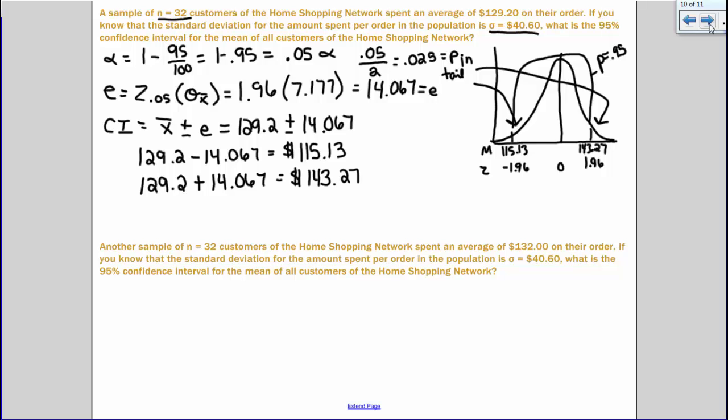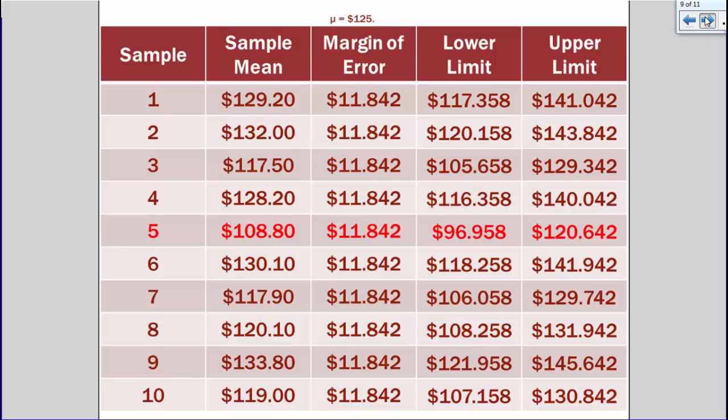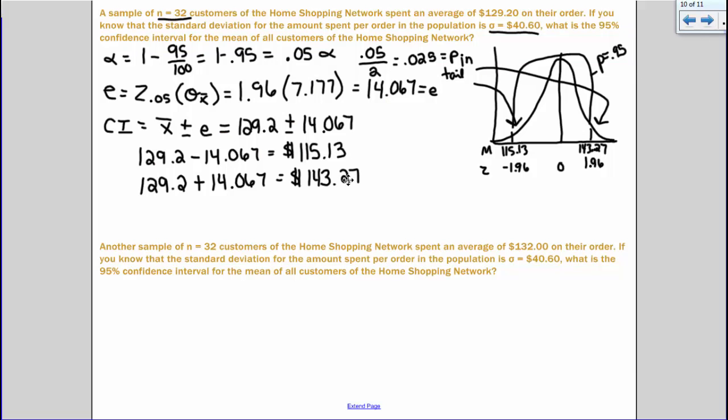So we are 95% confident that the population mean of spending per Home Shopping Network customer is between $115.13 and $143.27. Now again, notice that the 95% confidence interval is wider than the 90% confidence interval. 117.36 to 141.04 versus 115.13 to 143.27.